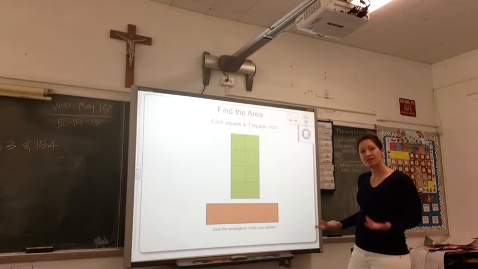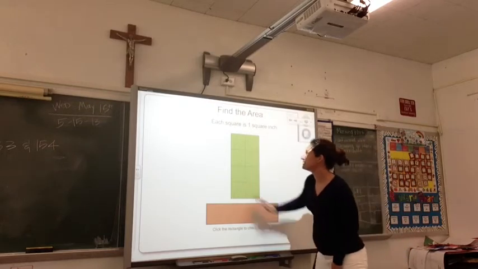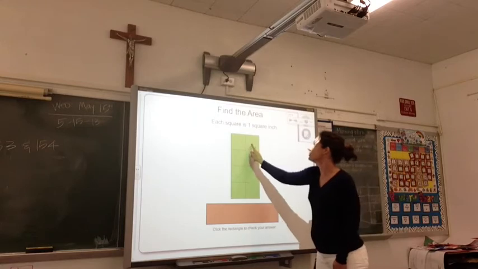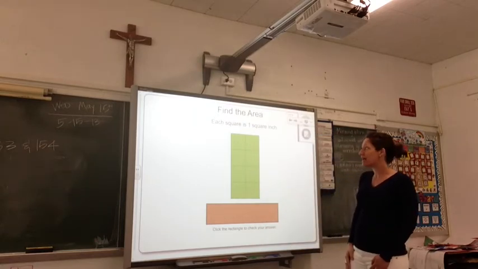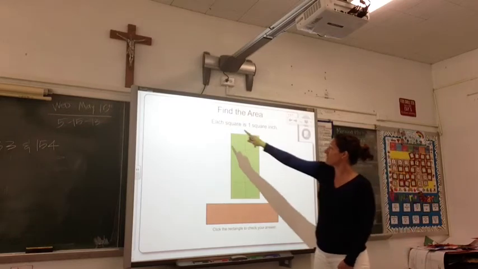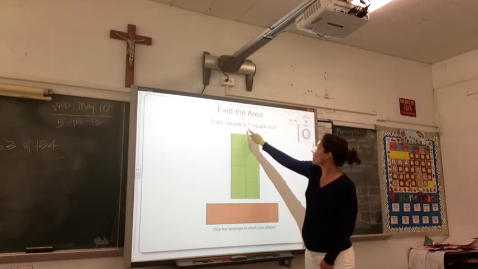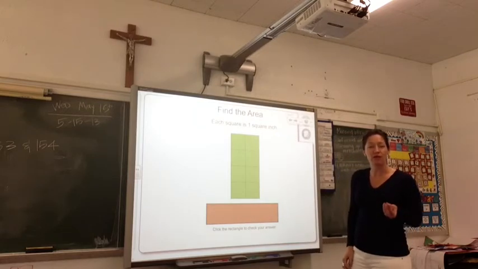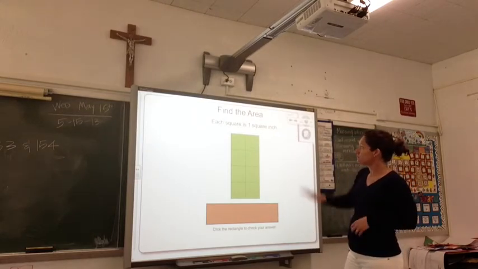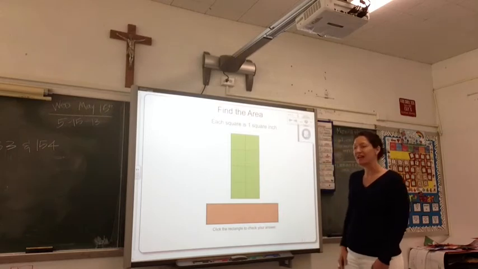One way we can do it is to count up all the squares on the inside. So if I do that, I have 1, 2, 3, 4, 5, 6, 7, 8. The area is 8 square units. And they're telling us that each square is worth 1 square inch. So now we know a little bit more about the unit. Now we can say that the area of this rectangle is 8 square inches.